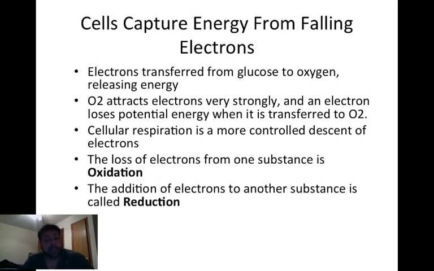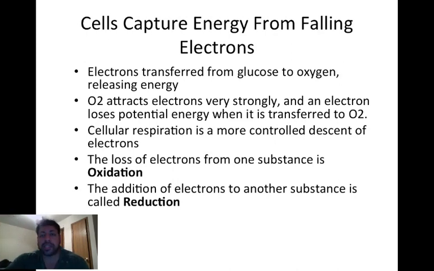So again, cellular respiration is a more controlled descent of electrons. So for example, in the breakdown during glycolysis from glucose to pyruvate, electrons are being passed on. And remember, when one molecule or one set of compounds loses electrons, that is known as oxidation.